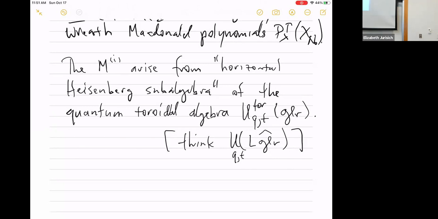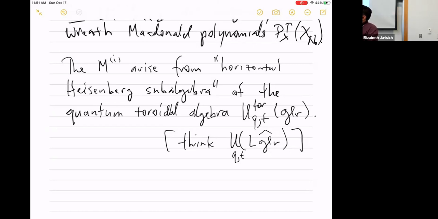Is there a representation corresponding to these Wreath Macdonald polynomials? That's a much more difficult question in the Wreath case. If you try to take the n factorial theorem and naively generalize it, it just doesn't work. This does produce bi-graded modules for the Wreath product group.